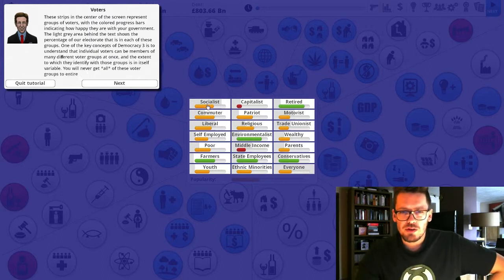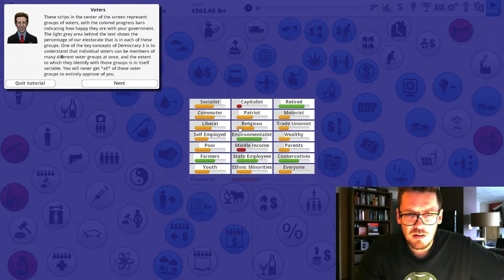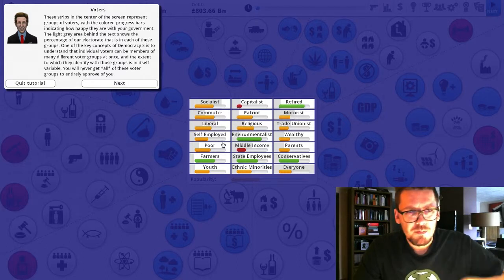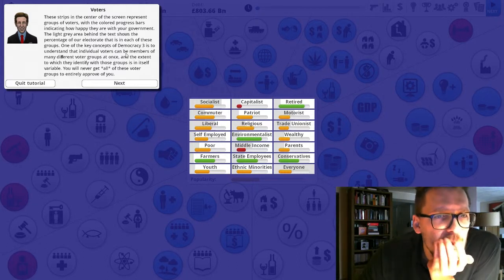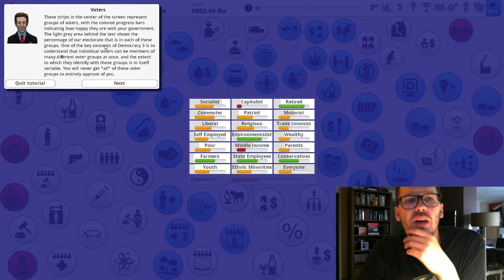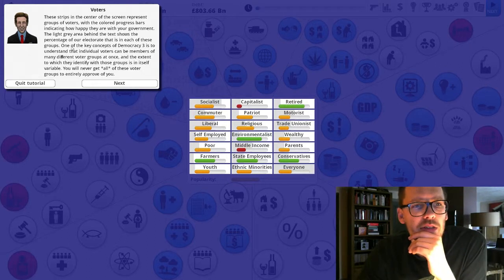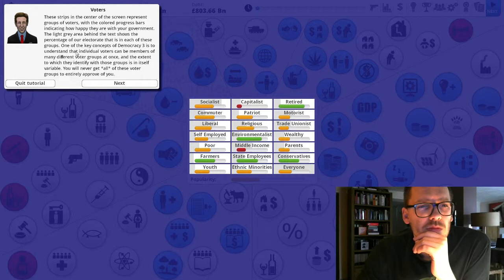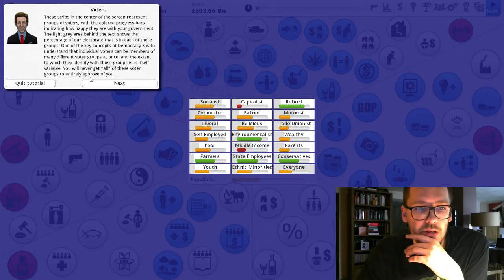Groups of voters. So you see we have a whole lot of voters. The light gray area behind the text shows the percent of our electorate that is in each of these. Individual voters can be members of many different voter groups at once. You will never get all of these voter groups to entirely approve of you.